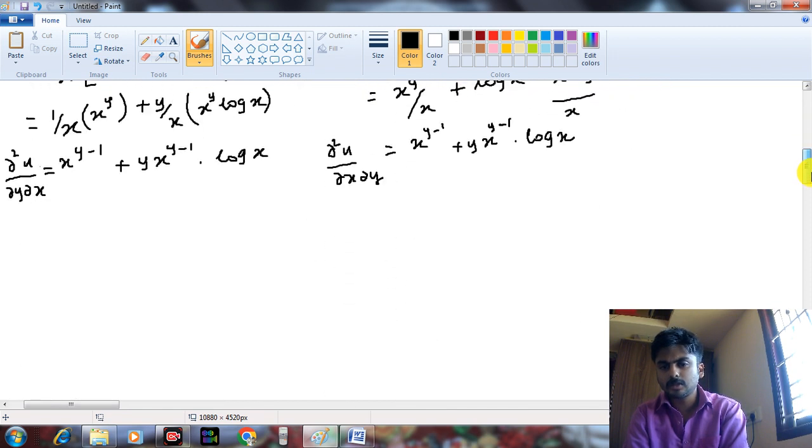So that is 4 equal to 5. This is 4 and this is 5. Therefore equation 4 equal to equation 5.